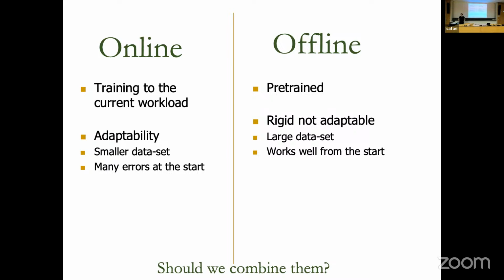When it comes to offline, unless you have probably one of the most extensive data sets ever, it probably will not work very well due to the fact that there are so many different workloads in just an average computer that even if your data set is massive, you will most certainly miss at least something.